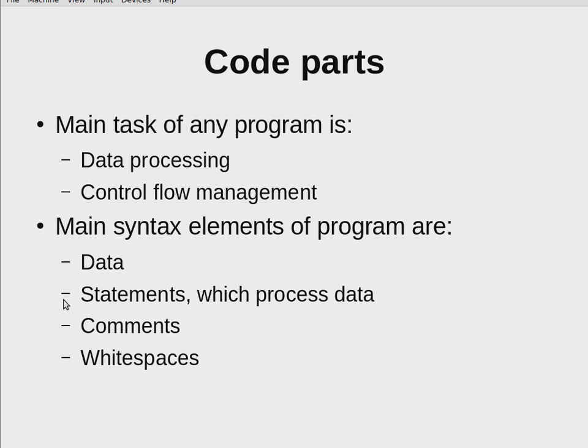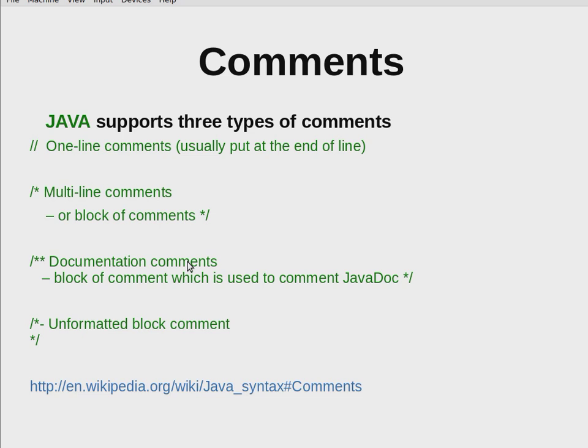Then you have different statements which process this data. You can add comments and white spaces to make your code look nice. The easiest syntax element in any programming language is comments. Comments are ignored by the compiler if it's a compiled programming language, or the interpreter if it's interpreted.